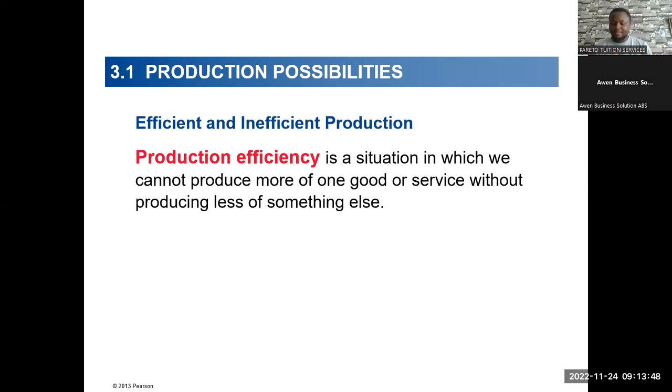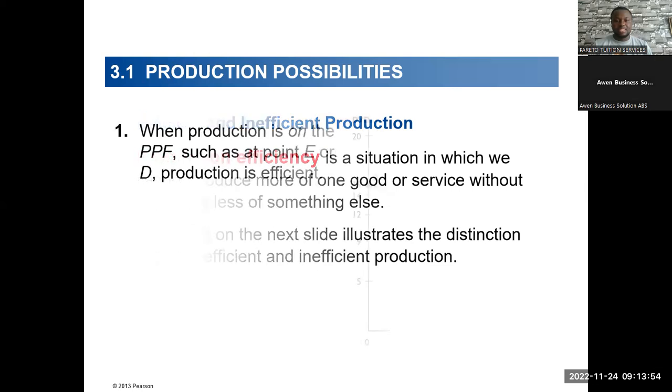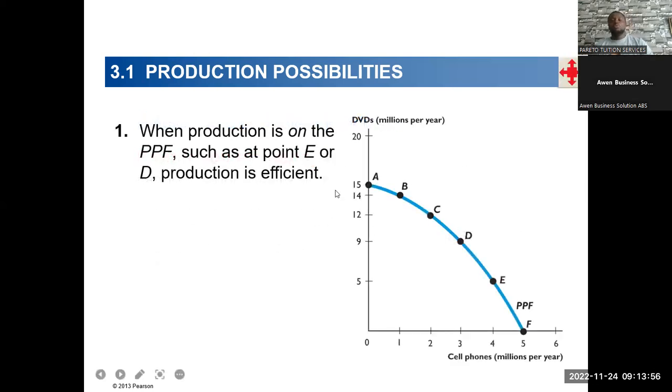So how do we use the PPF to explain production efficiency? Let's look at this. We have these combinations on the line forming the PPF. If you want to move from A to B, as we saw, you have to sacrifice 1 unit of DVD before you can get an extra unit of what? Cell phone. So what are we seeing here? We want to produce more of one good, and as a result, we are sacrificing the other. It means that producing at point A is efficient. Efficiency in production means by producing more of one, you have to produce less of the other.